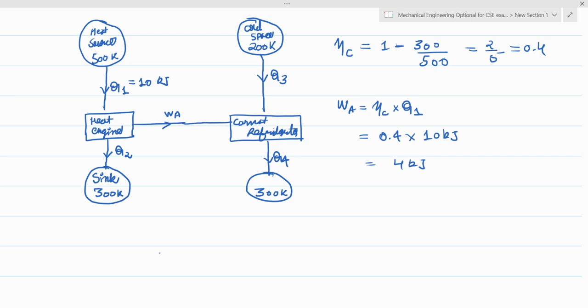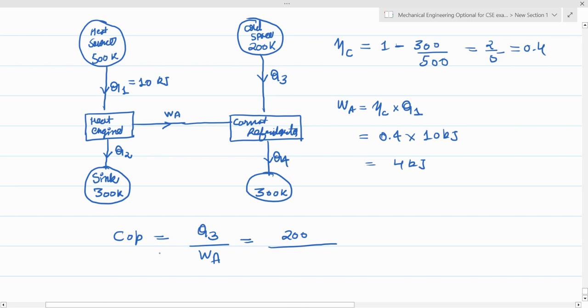So first we have to find out the COP of a Carnot refrigerator, that is equal to Q3 divided by the work that is done on this. Q3 is the refrigerating effect and WA is the work done on the refrigerator, that should be equal to the cooling effect temperature, that is the 200 Kelvin divided by sink temperature minus source temperature, so 300 minus 200.